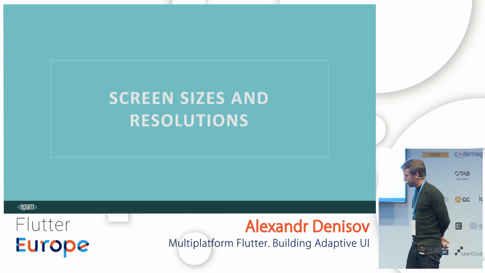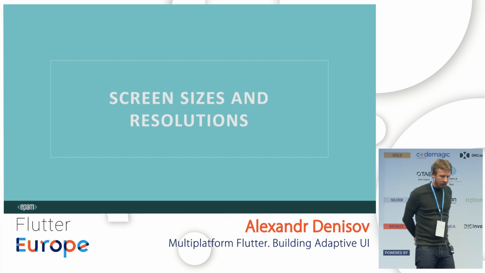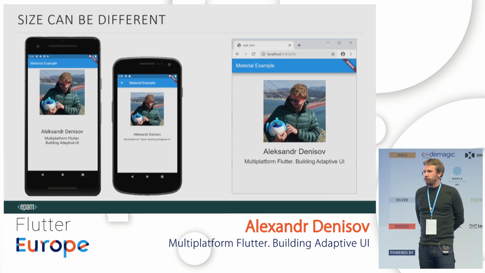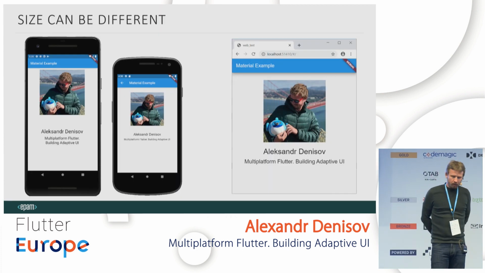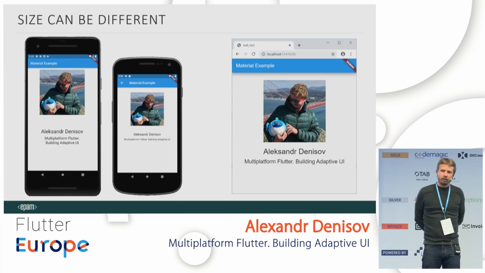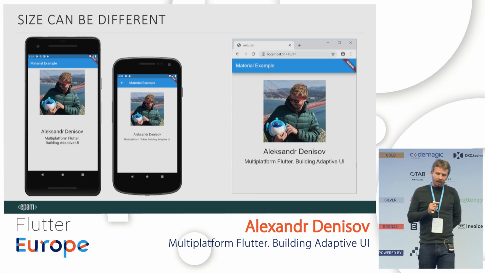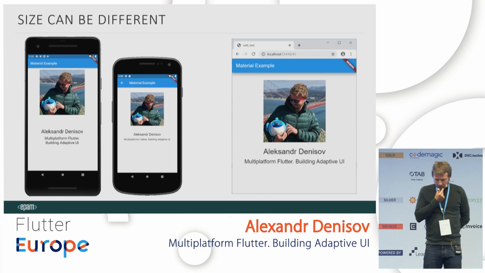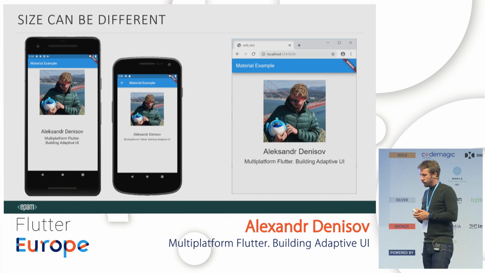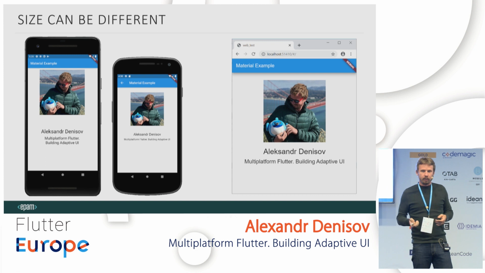This is time to talk about screen sizes and resolutions. As I mentioned before, there are a lot of different mobile phones with different screen sizes, different resolutions, and most important, different aspect ratios. And also there are web and desktop applications where the size of the window can be changed at any moment.